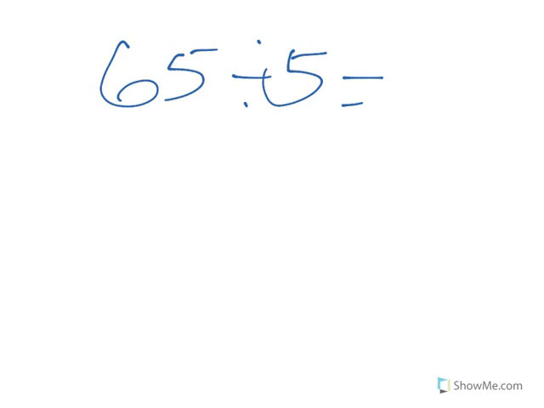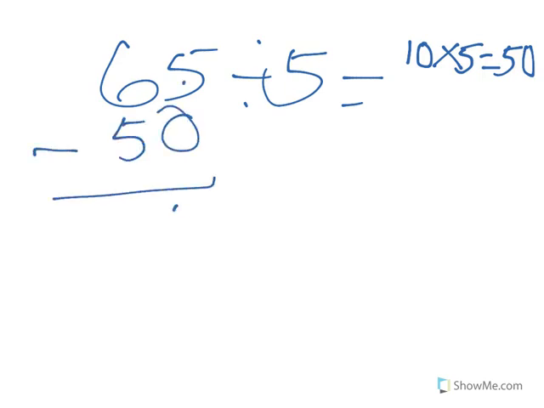Let's go 65 divided by 5 equals. I'm always going to start with my tens. It's easy. So I'm going to go 10 times 5 equals 50. I'm going to subtract my 50 out, and I get 5. 6 minus 5 is 1, so 15.